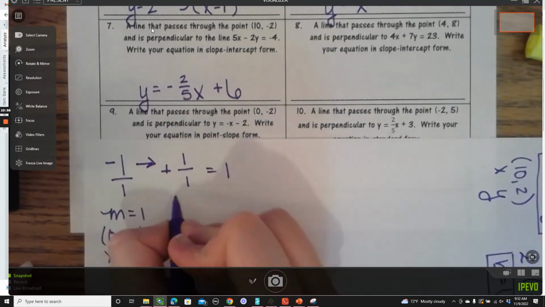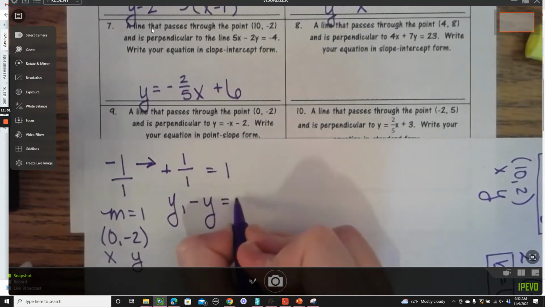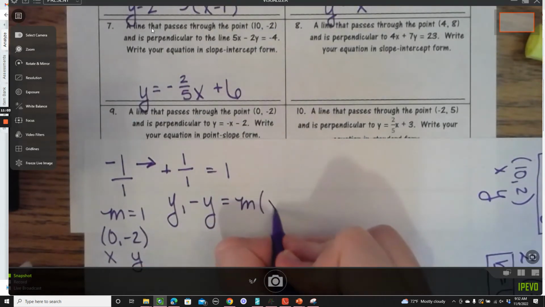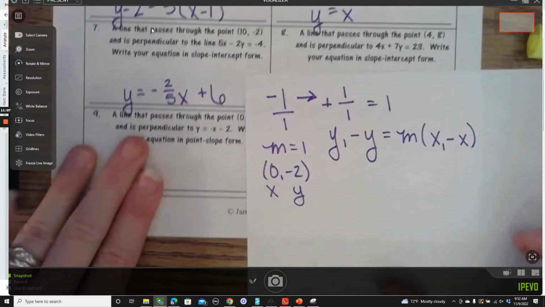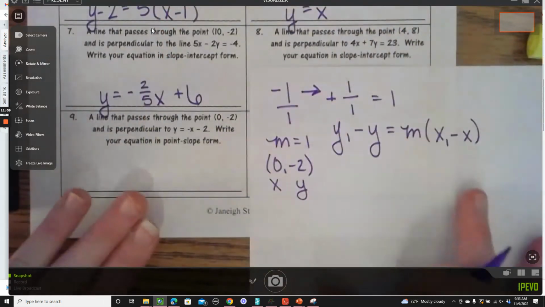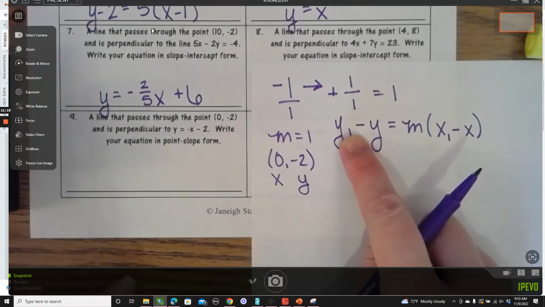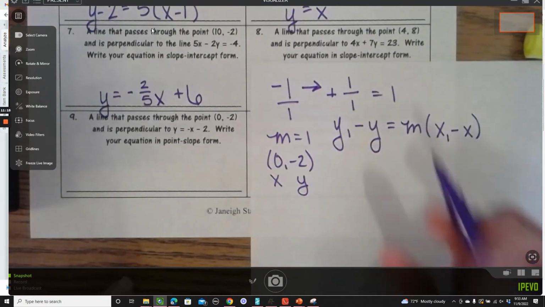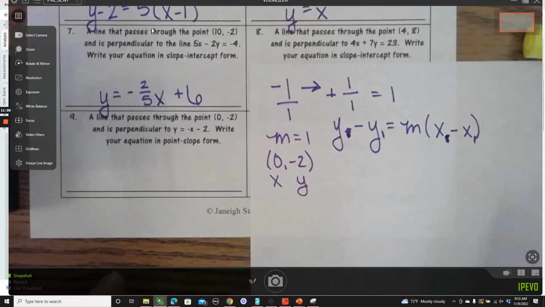Point slope form, y minus y1 equals the slope times x minus x1.